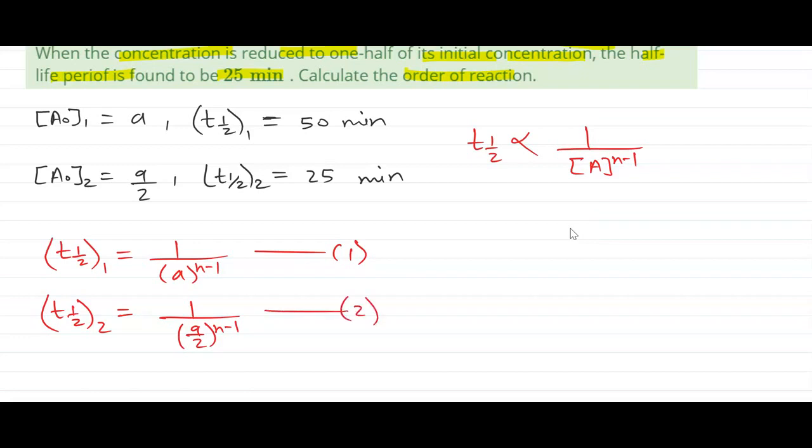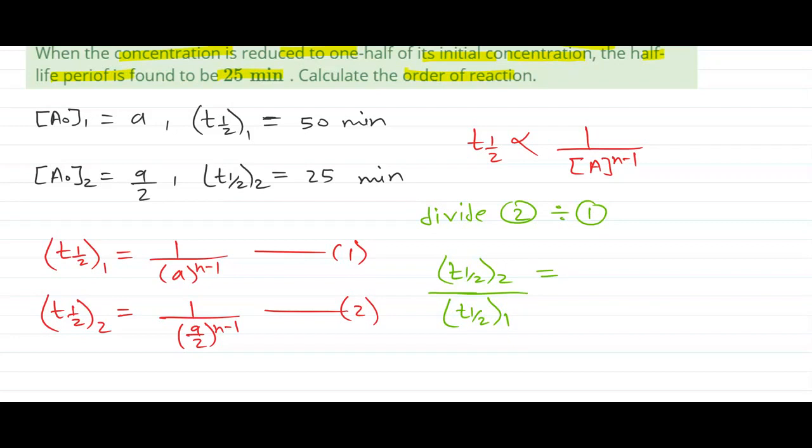Now, when you divide equation 2 by equation 1, you'll get T half 2 divided by T half 1. First we'll substitute the values.